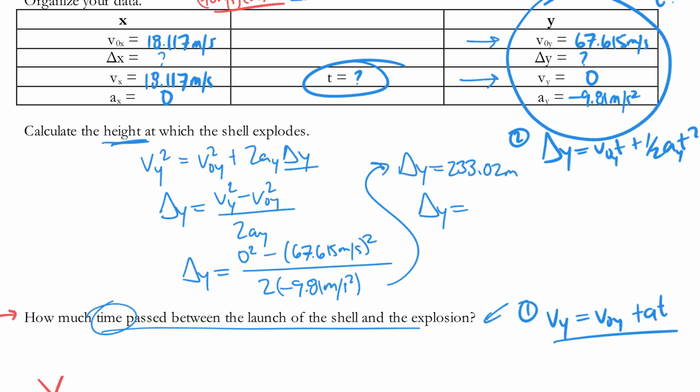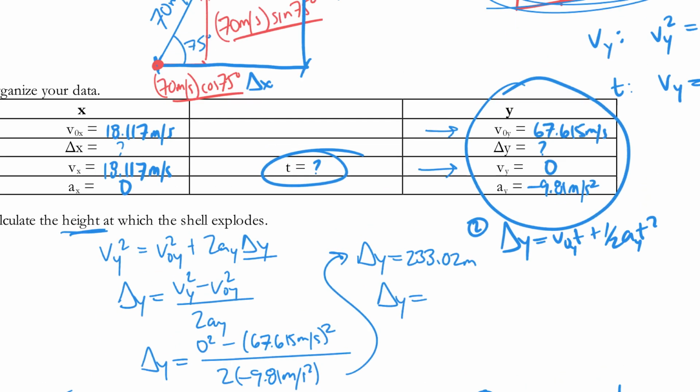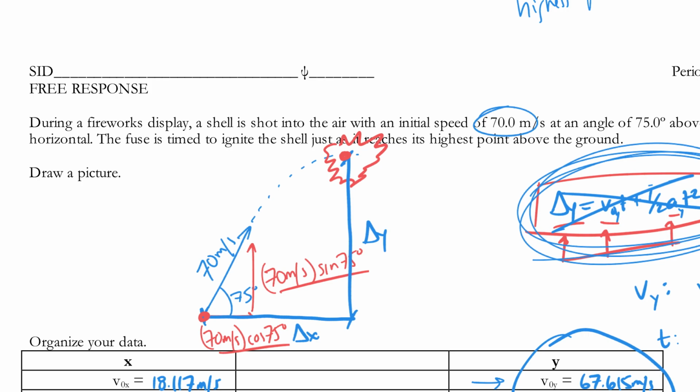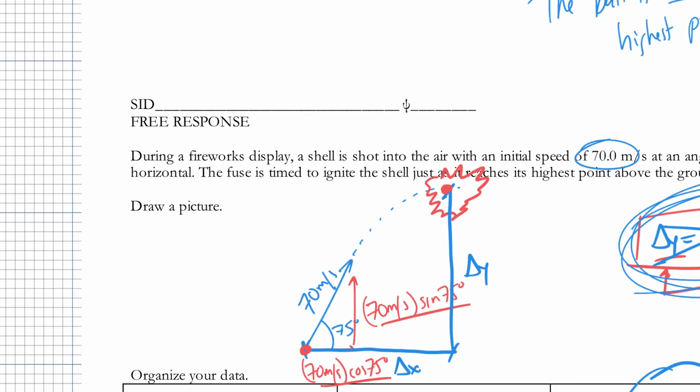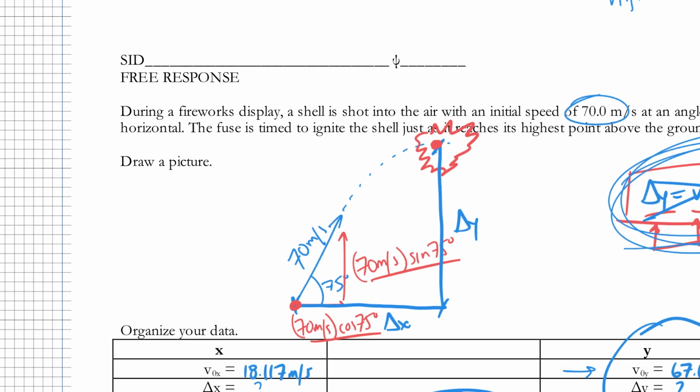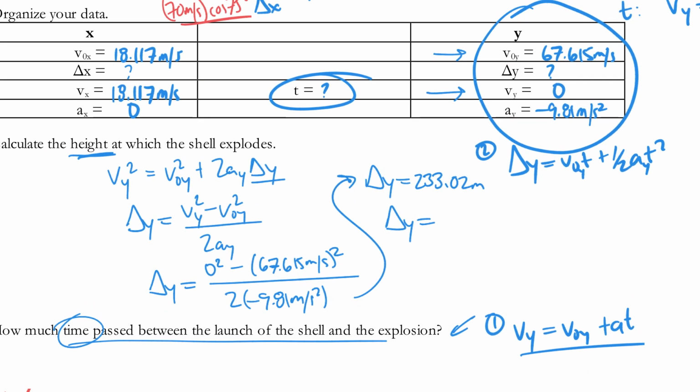Those are some rough numbers. We want 3 sig figs on this one, I believe. We got 3. That's all the numbers that were given. Yes, we got 3 sig figs, so we'll say 233 meters. That's my delta y. Remember, if I need to use a number for a future part of this problem, that's the one we're going to use.